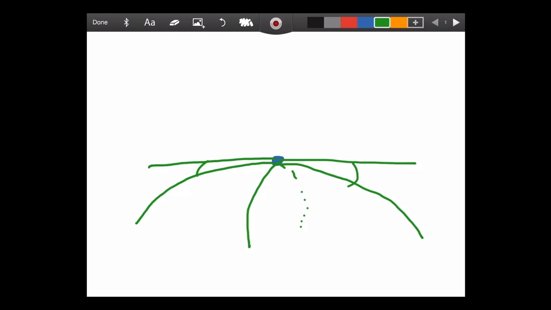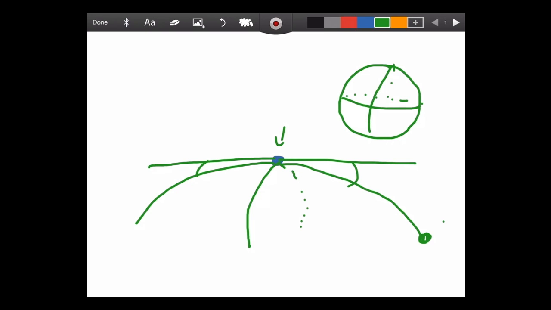Now that tells us two different things. Not only can we do this for one spot, we can also do it for a spot over here. And what we end up finding is that we have a spherical object such as that has a center and has a radius. And that radius is determined by direct measurement of this horizontal drop.